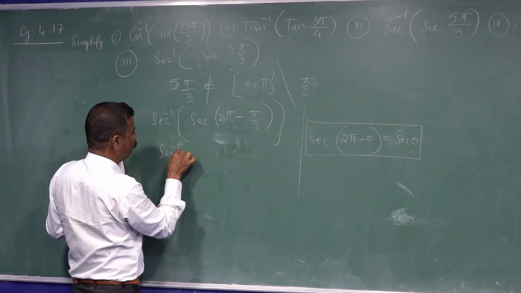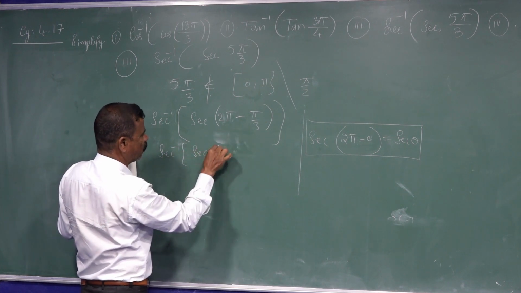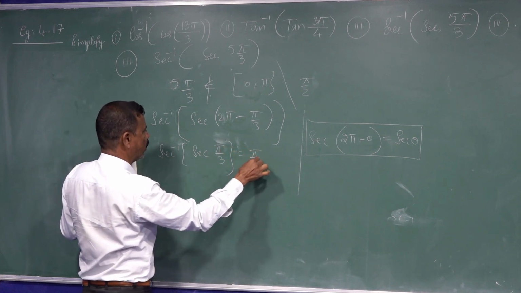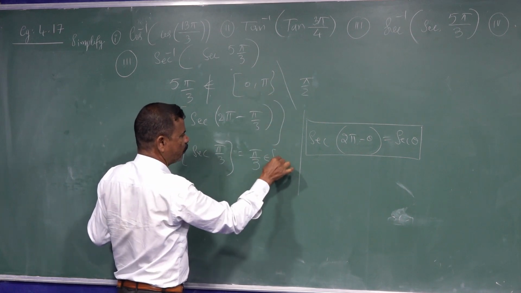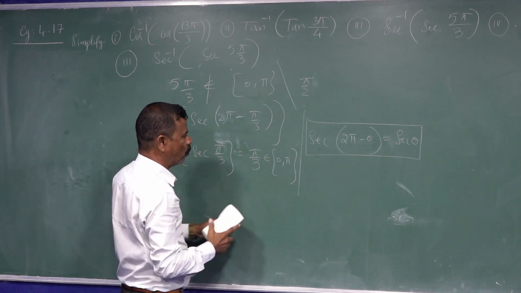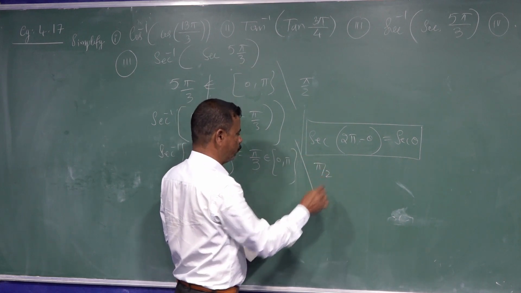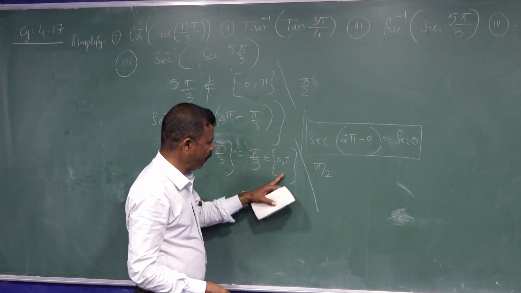Sec inverse of sec of 360 minus theta is sec theta, sec π/3. So it is equal to π/3. This value belongs to 0 to π, excluding π/2 value. So this π/3 is in between this domain.